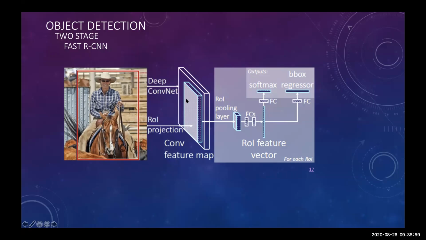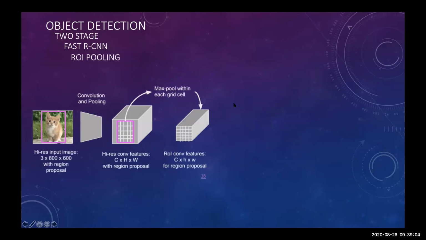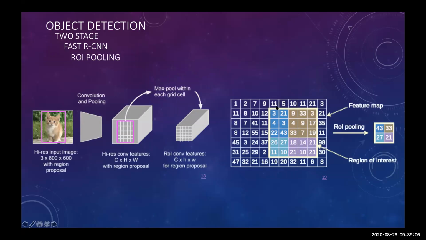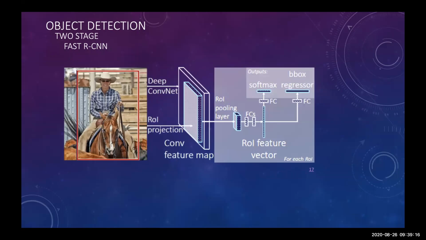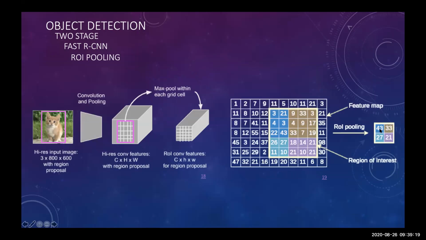And then it does this thing called ROI pooling, where it divides up the region of the feature map and creates an output by taking a max. I think Fast RCNN uses 7 by 7 ROI pooling. So this is a 2 by 2, but it would create a 7 by 7 of all these numbers by taking the max.